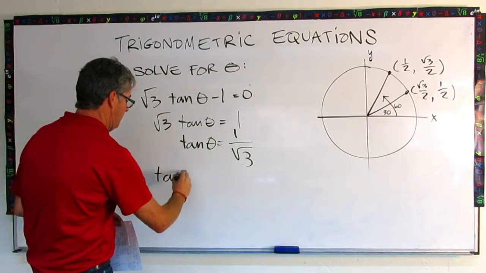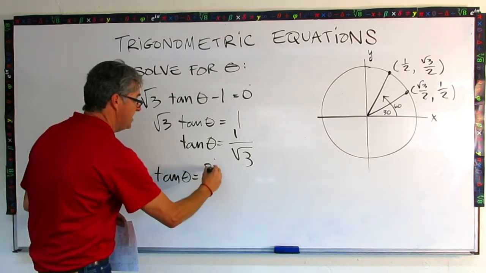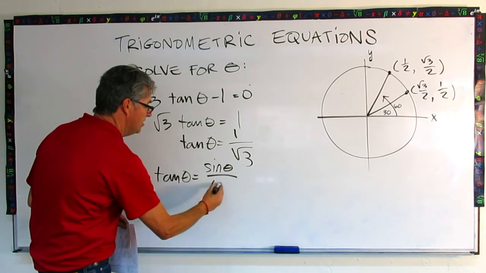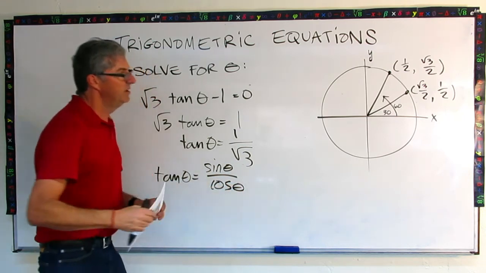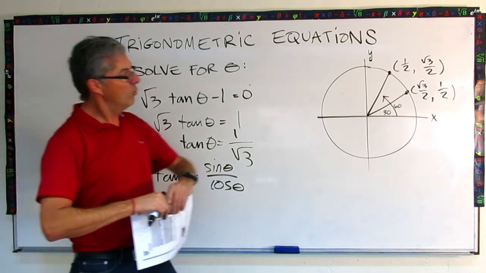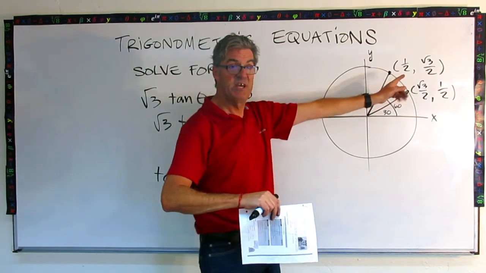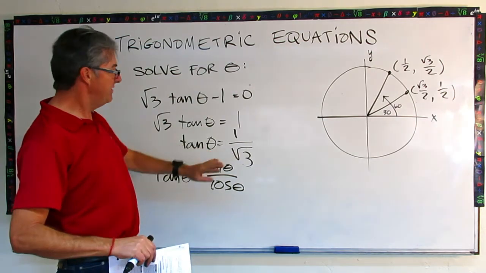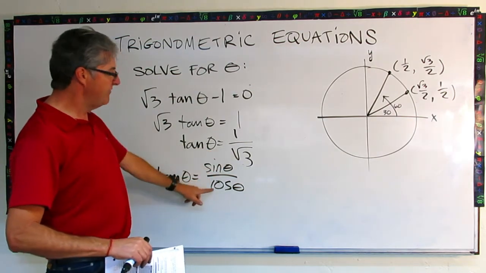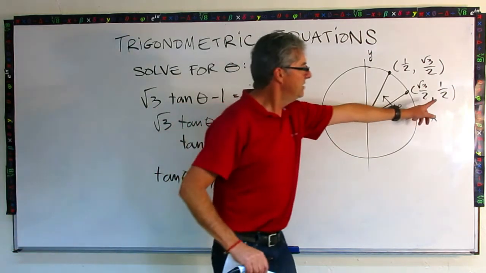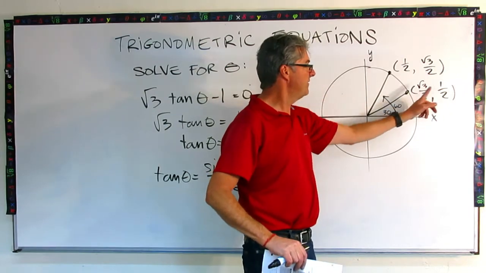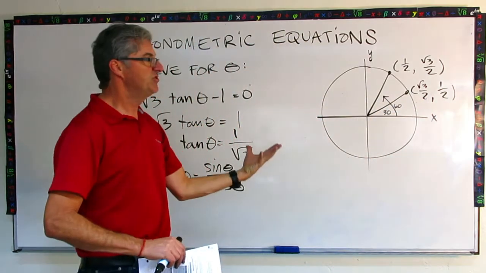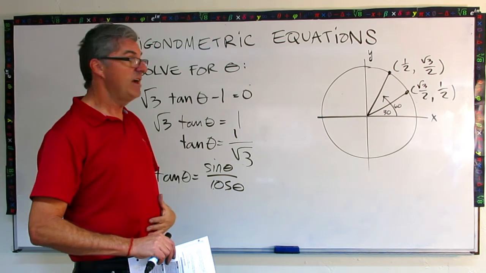Tan theta is the same as sine theta over cosine theta. So we need to figure out which of these 2 points is going to give us what we want, 1 over root 3. So we have to divide, remember we're looking at sine divided by cosine, so it's the second term, the y term divided by the first term. Which one of those is going to give us the value that we want?